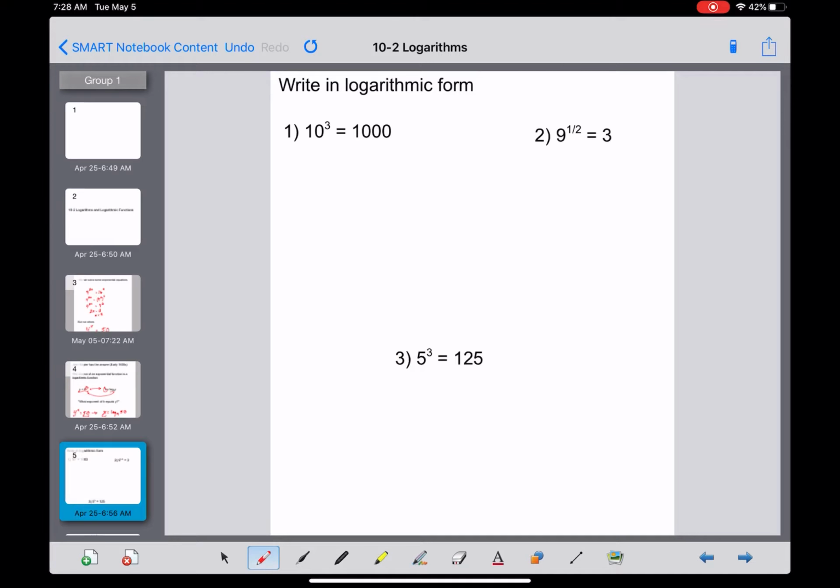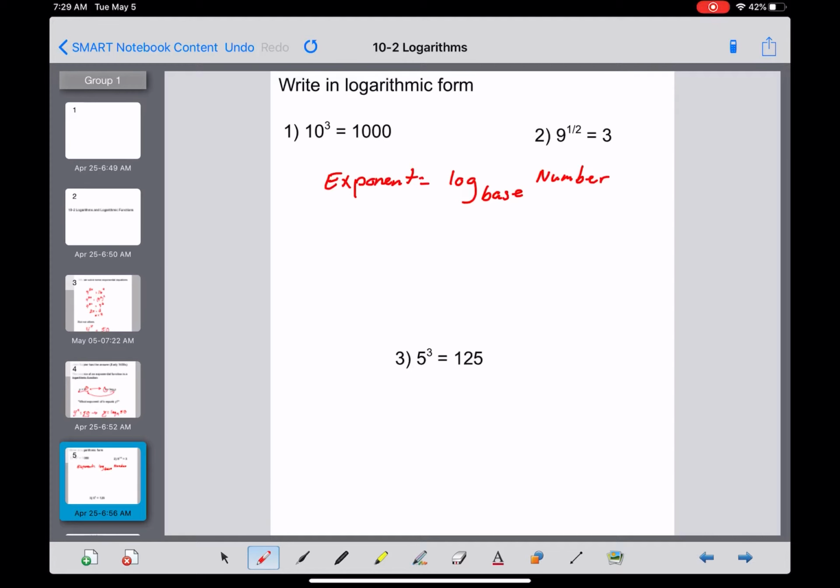So let's just practice taking some exponential expressions and writing them in logarithmic form. It takes a little practice, but once you get the hang of it, it's pretty easy. So our first one, 10 to the third power equals 1,000. So if I want to write this in logarithmic form, the pattern is going to be exponent equals log with the base of the number.